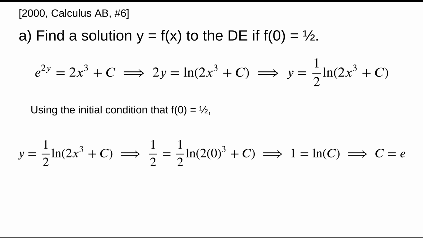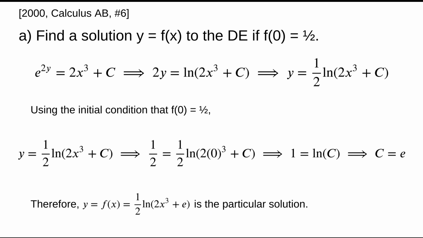Canceling out the 1/2s, we get 1 equals the natural log of c, which implies that c is the number e itself. And so our particular solution for this differential equation, using the fact that f of 0 needs to equal 1/2, is going to be y equals f of x equals 1/2 the natural log of 2x cubed plus e, and that will be our particular solution.